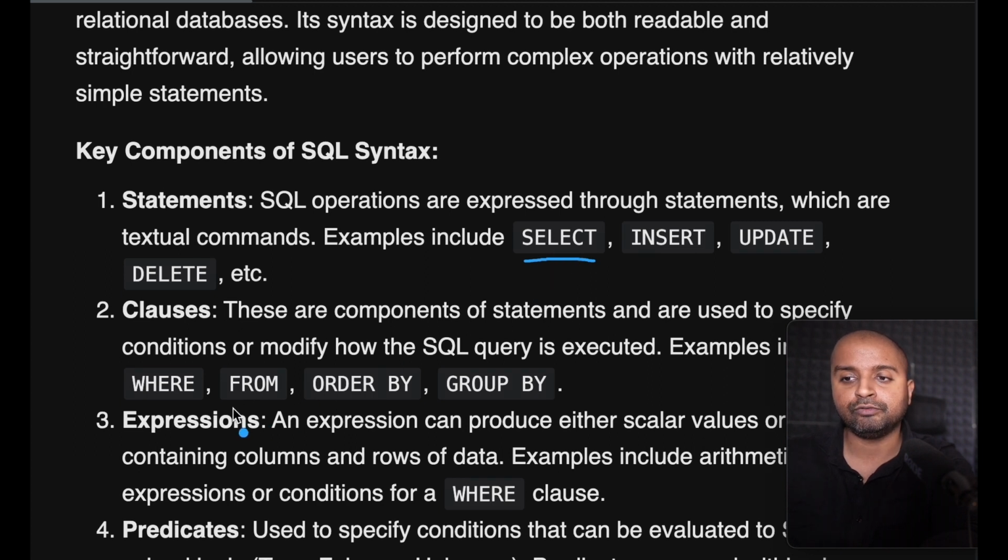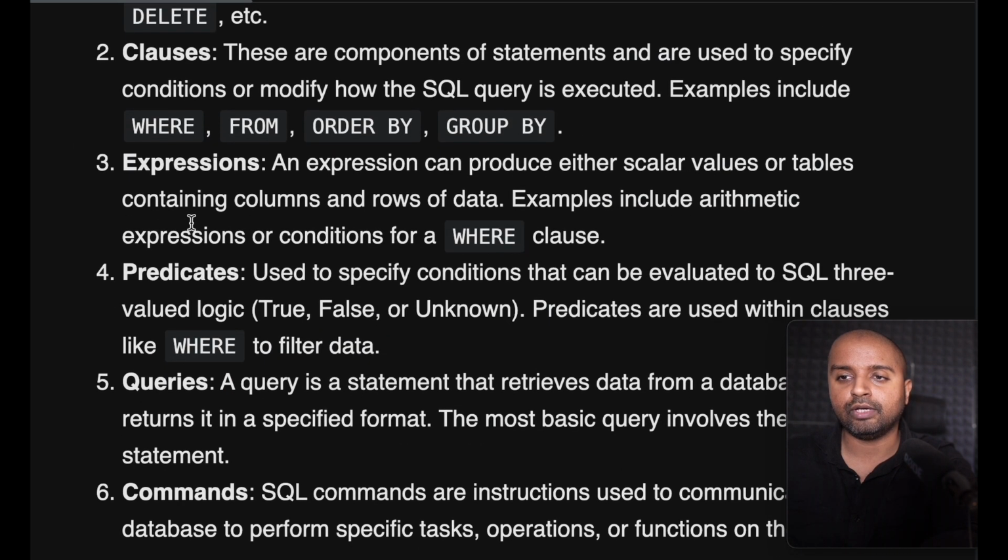And the next in line is we want to specify where we want to read this data from, what table we want to read this data from. So that is where we have the from clause. And we do also have other statements over here, which we'll look at at a later point when we start looking at the examples. But this is the basic structure of SQL, where we are saying select the columns from the table. And then there are a few expressions, predicates, queries, and commands, which we'll come to in future videos.